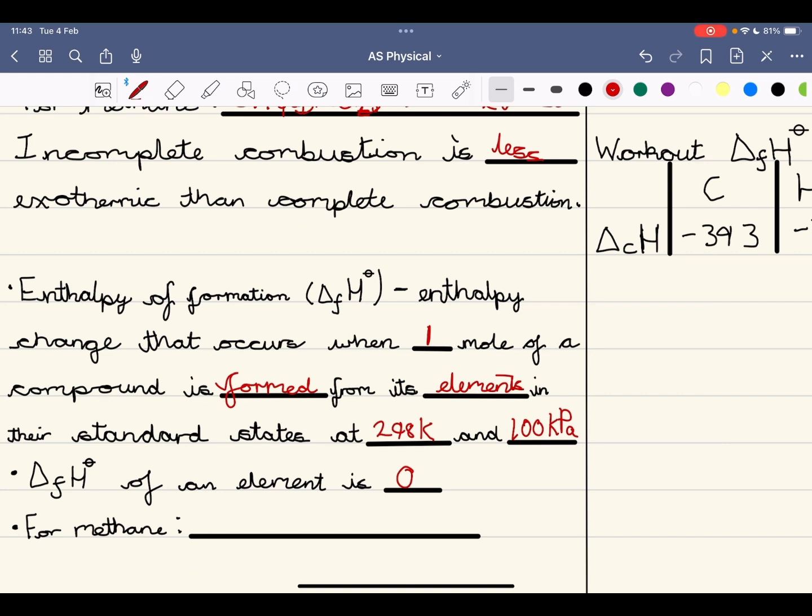So for methane, we're forming methane, and it's a gas, and its elements are carbon and hydrogen, and hydrogen is a gas, and carbon is a solid, and then to balance this out we put a 2 in front of the hydrogen.